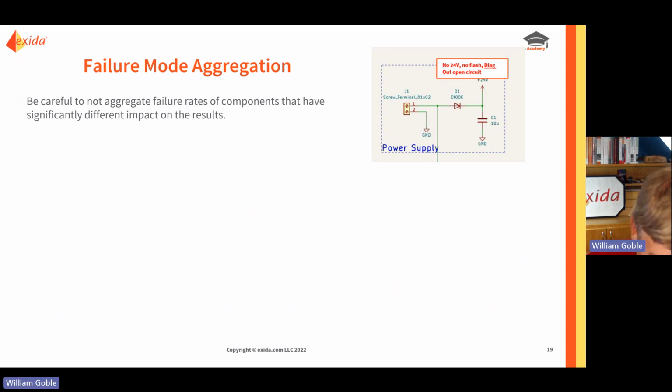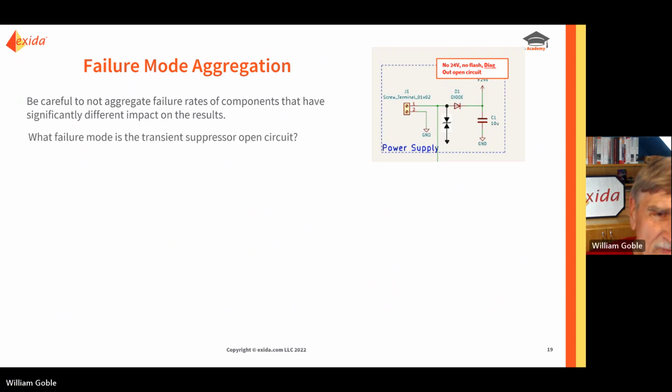Also, another issue came up over the years, and you have to be careful about your definitions of failure modes. This power supply circuit should have transient voltage protection, so a transient suppressor has been added to the input. And now we have to add this to our FMEDA.